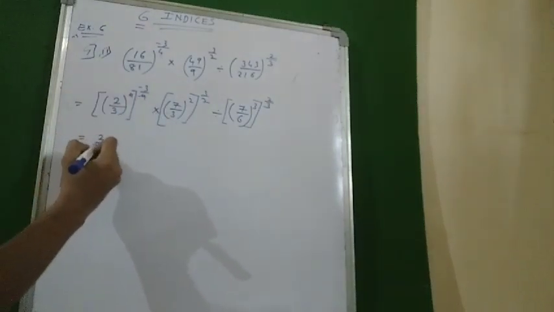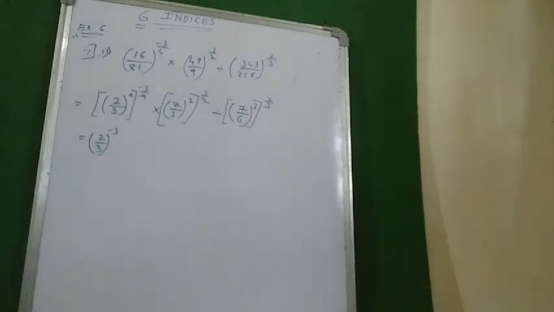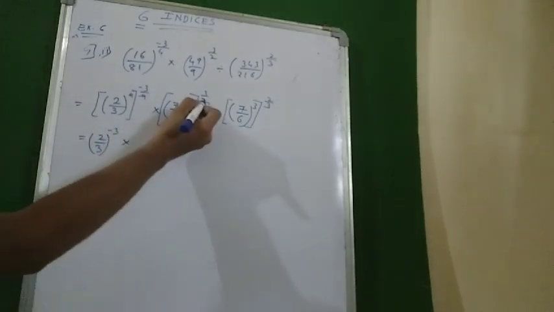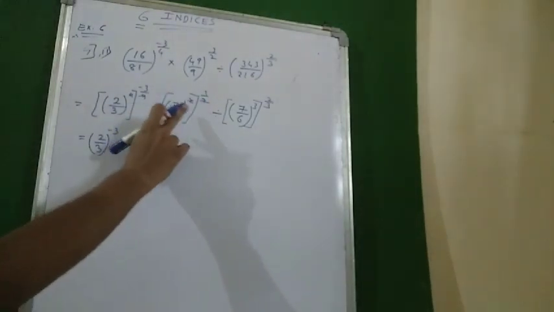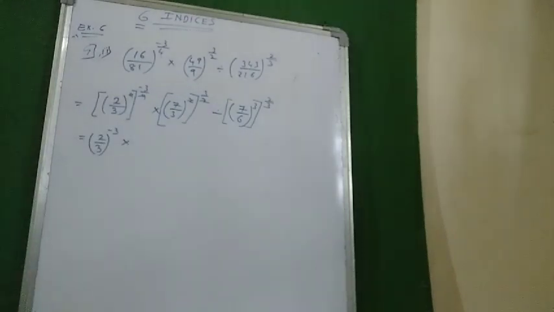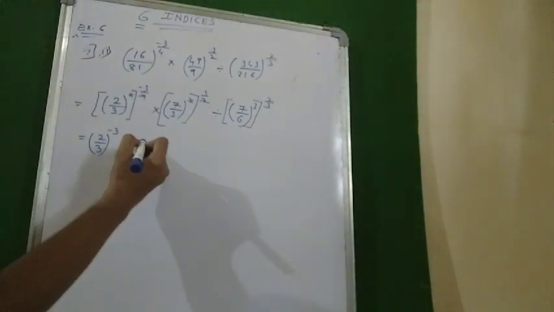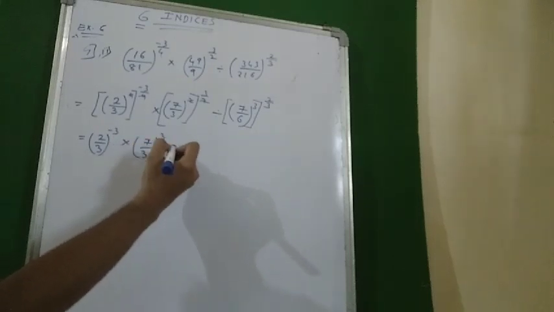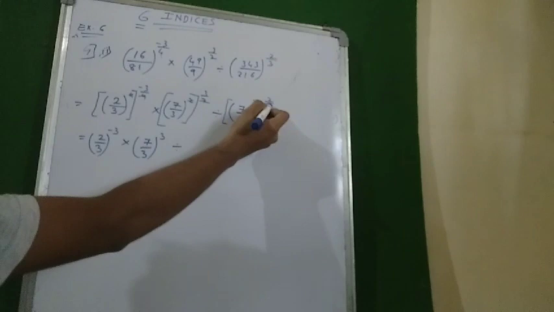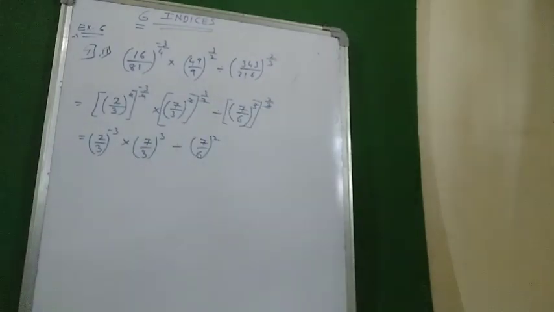I have 2 upon 3 raised to minus 3, multiply by, this 2 gets cancelled because this is the denominator and this is there in the numerator. Even though you can see that they are next to each other, this is in the numerator and this is in the denominator. Okay, pay attention to that. So we have 7 upon 3 raised to 3 divided by, these 3 get cancelled. So we have 7 upon 6 raised to 2.